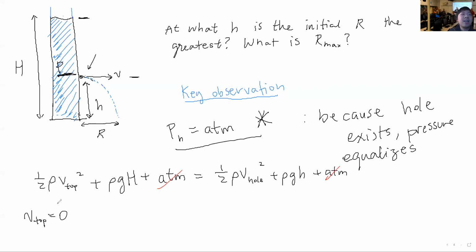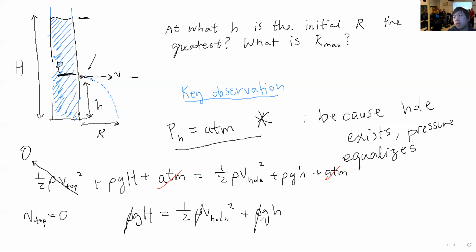It's okay. So v top is equal to 0, because there's nothing really to disturb it and there's no real forces acting on it. So this means we can just completely disregard half rho v top squared, right? So then what we're left with is rho g H is equal to half rho v hole squared plus rho g small h. We can kill off the rho's, right?